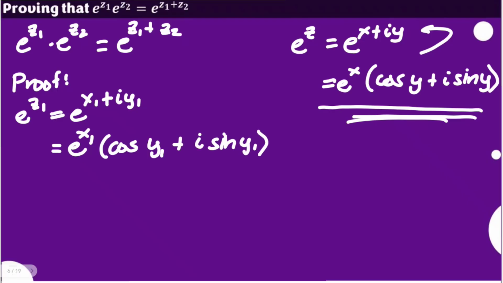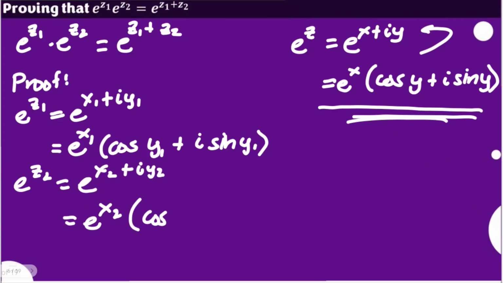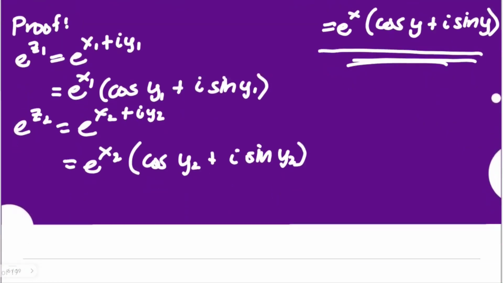That's the first notation we are going to use. Second, let e to the power of z sub 2 be e to the power of x sub 2 plus i y sub 2, or again, e to the power of x sub 2 times cosine y sub 2 plus i sine y sub 2.